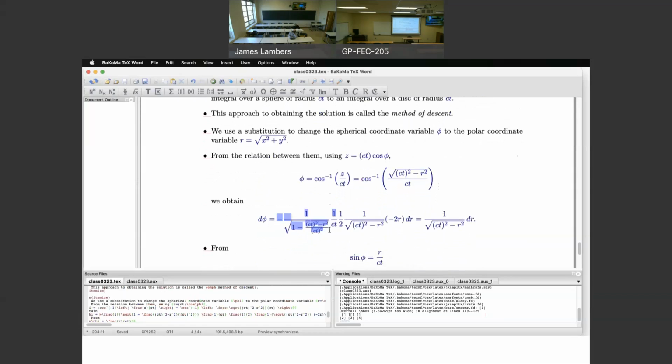Well, this first fraction comes from the formula for the derivative of arc cosine, and then from the chain rule I get all of this. And then I simplify this as much as I can, kind of a pain, and this is what I get for my u substitution.